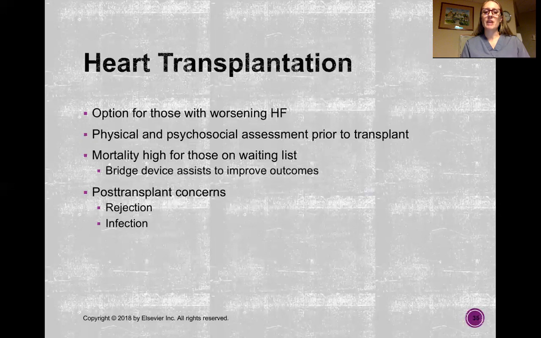As you can see, the mortality on the waiting list is high, but the effectiveness of the heart transplant is great. And we can do it one of two ways. We can either take out the child's heart and replace it, or we can add the new heart in without replacing. So you leave the child's heart and add the new heart in to achieve whatever goals the child's heart is not achieving.